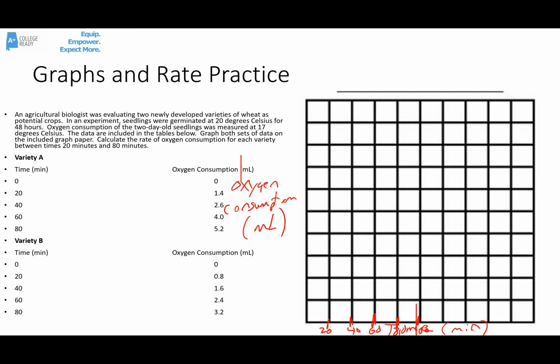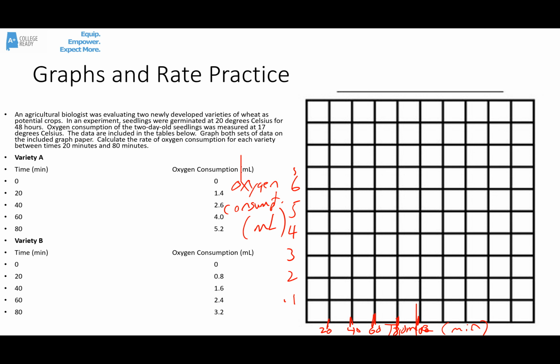So it might make sense to make each of our lines maybe a half. So we could go 0.5, 1, 1.5, 2, 2.5, 3, 3.5, 4. Whoops, that's not going to work because we're going to go past our axis. So let's just make each one be 1 milliliter of oxygen consumption. So 1, 2, 3, 4, 5, 6, like so.